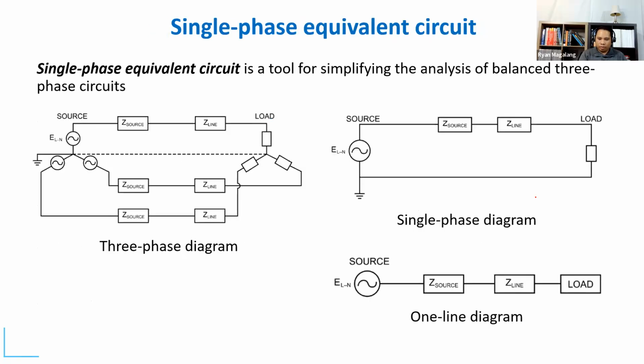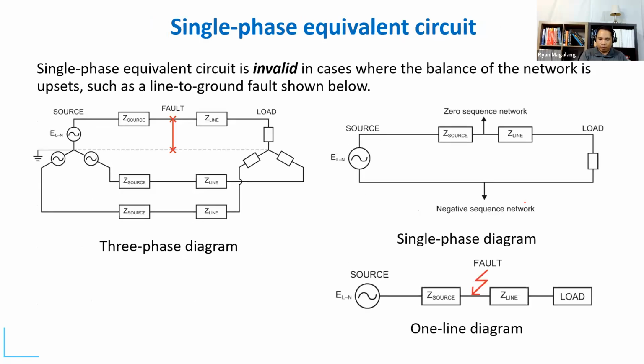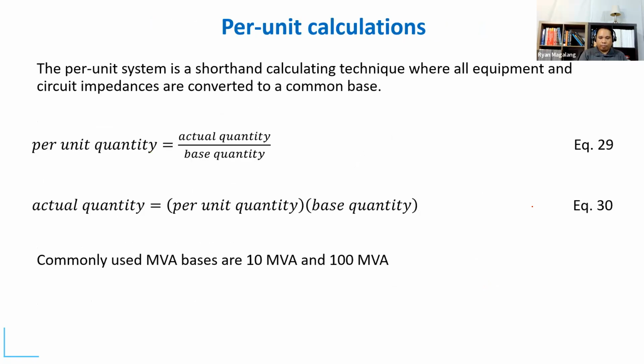So this is the same representation that we already showed earlier. So per phase analysis, and single phase diagram. So per unit calculation is another concept used in short circuit analysis.